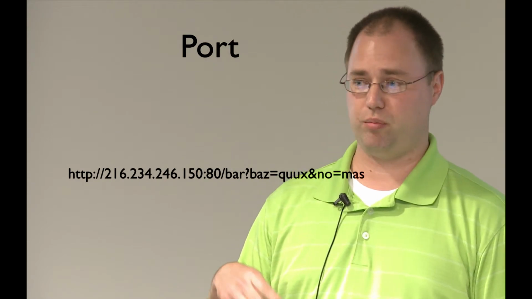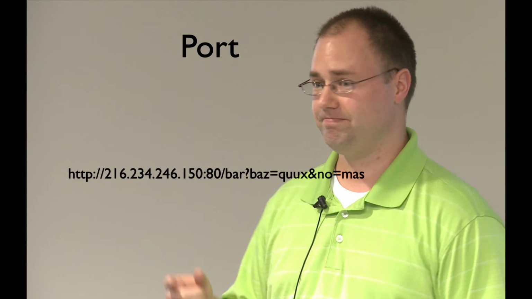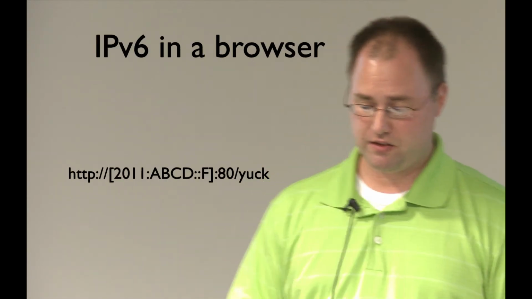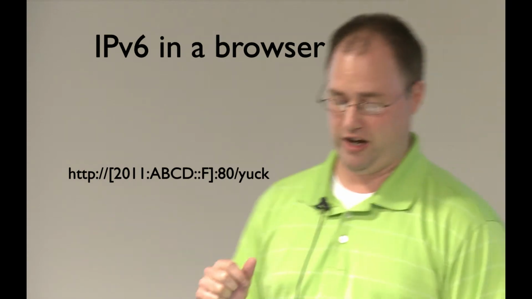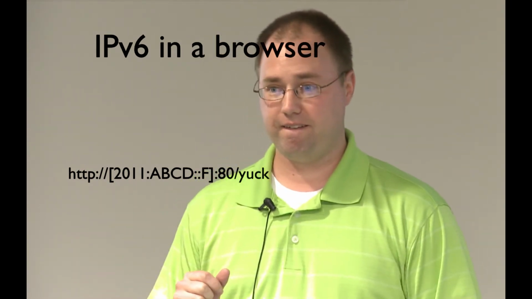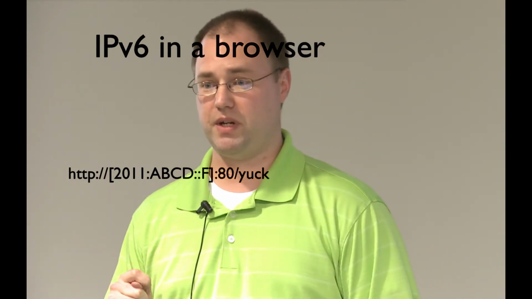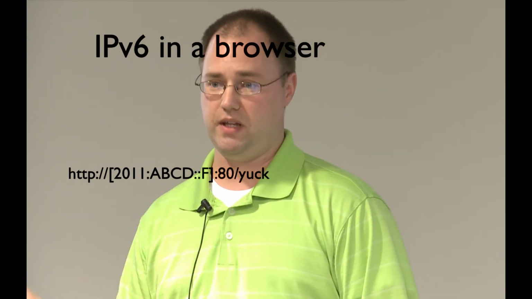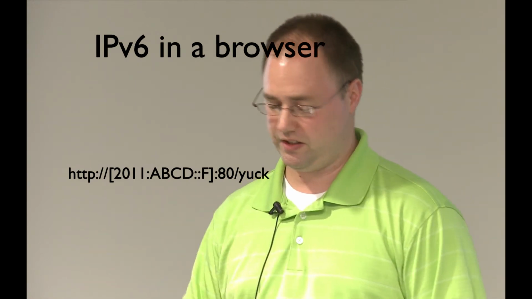Now, who sees the problem with IPv6? Right, exactly. So if you put a V6 address, you have to put it in square brackets. No, even if you're not specifying the port, because it wouldn't know if you were talking about the end of the V6 address. So if you have a V6 address and you're putting it directly in there, you always have to do it.